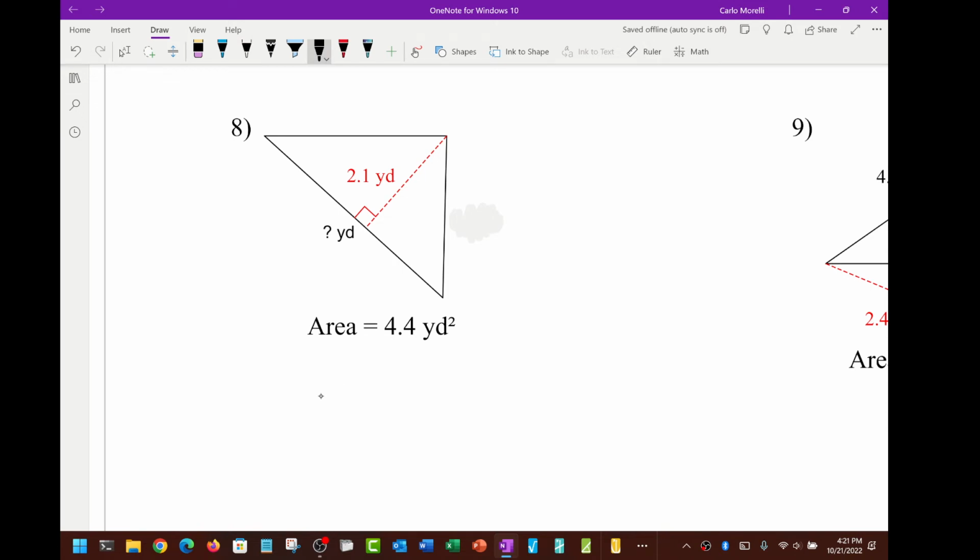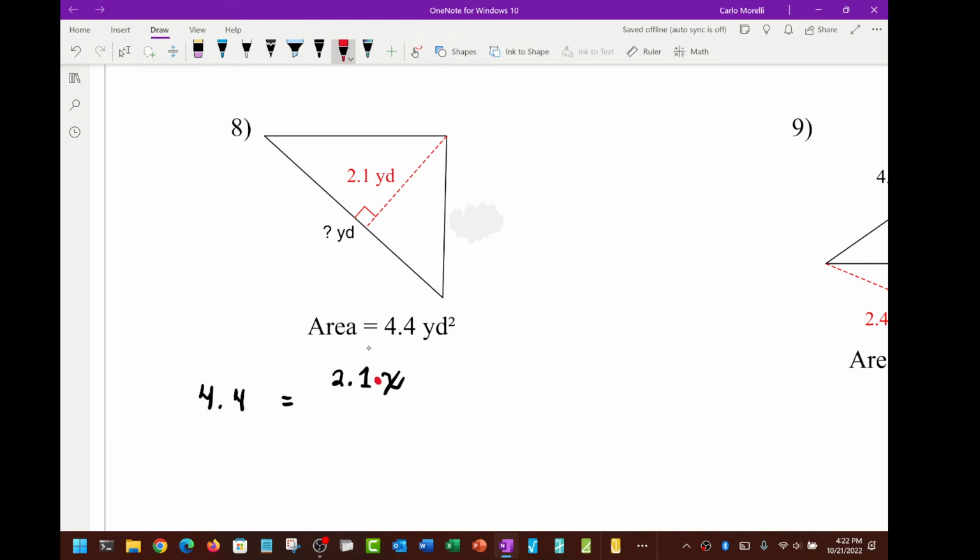And so we're going to start by saying 4.4 equals 2.1x. So in other words, the x is the base, 2.1 is the height, and there's that multiplication there.